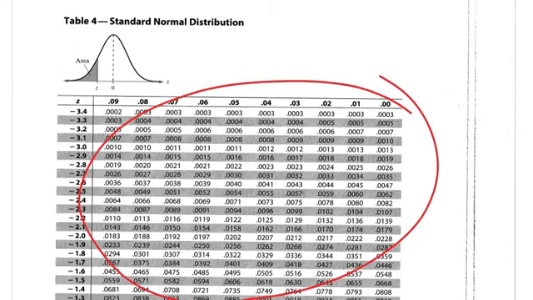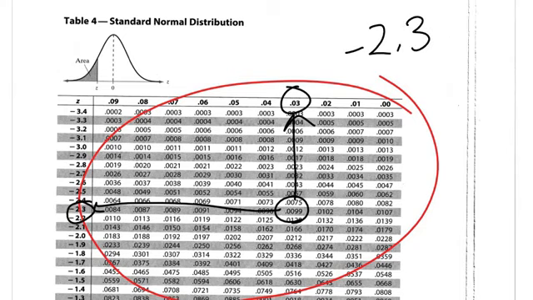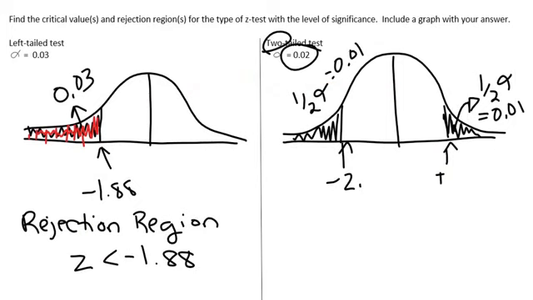The thing that's closest to 0.01 is 0.0099. That is as close as I'm going to get to 0.01. So the corresponding z-value is negative 2.33. One will be negative and one will be positive.